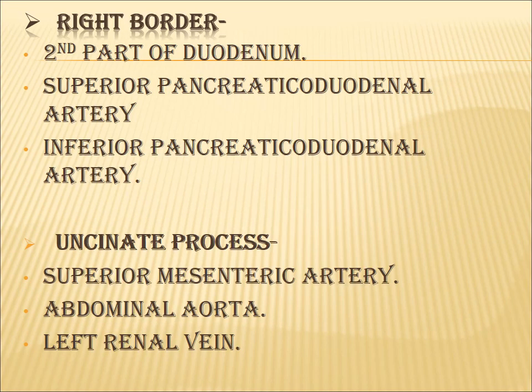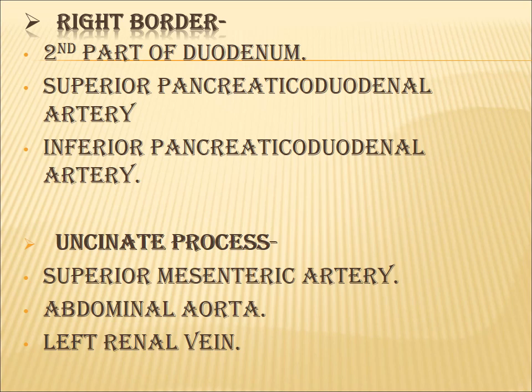The right border fits into the concavity formed by the second portion of the duodenum, and in the groove between the two, that is, between the right border of the head of the pancreas and the second part of the duodenum, there is a groove. In that groove, the superior and inferior pancreatico-duodenal arteries anastomose with each other and form two arches, one arch placed anteriorly and the other arch placed posteriorly.